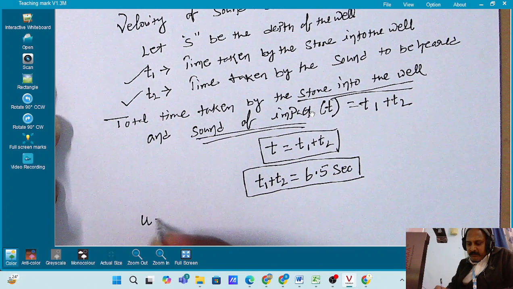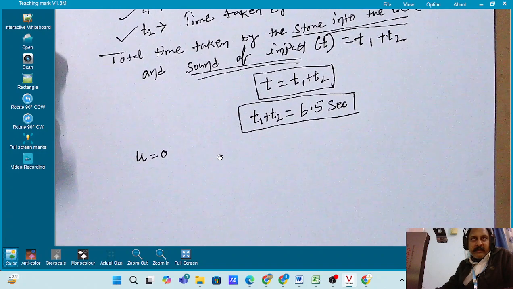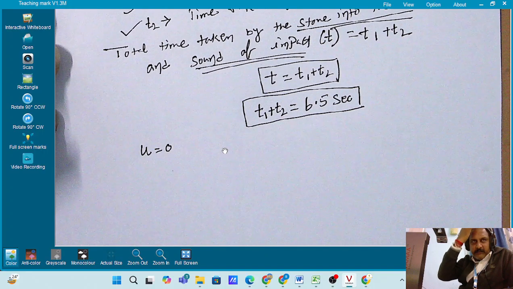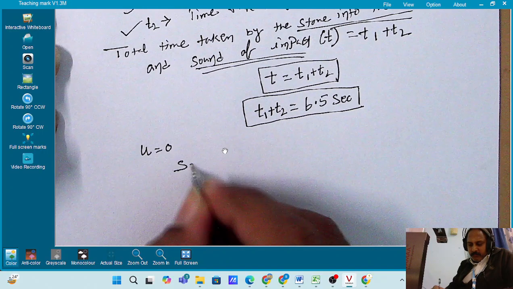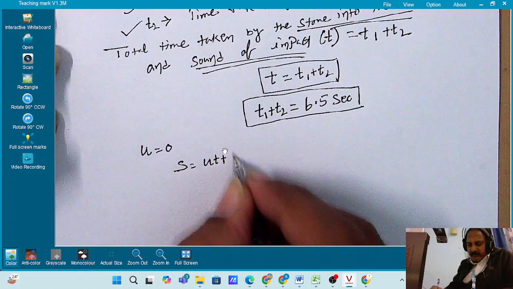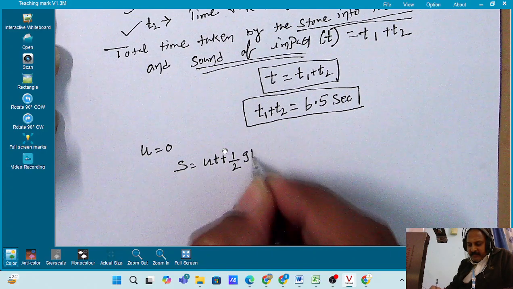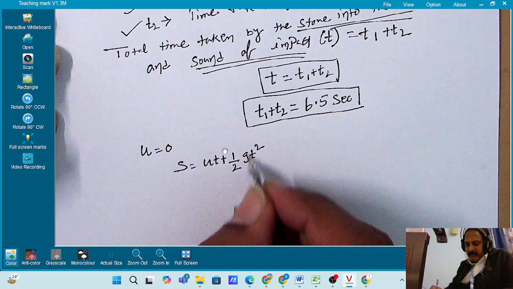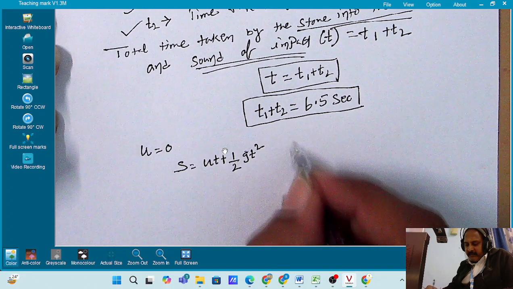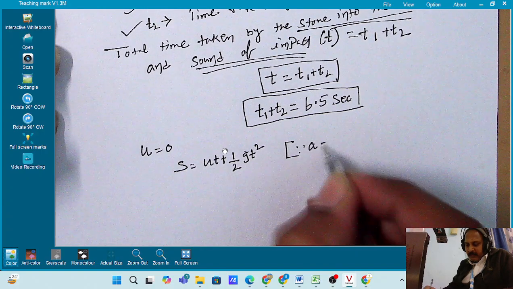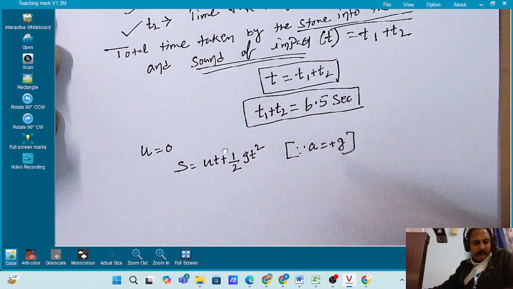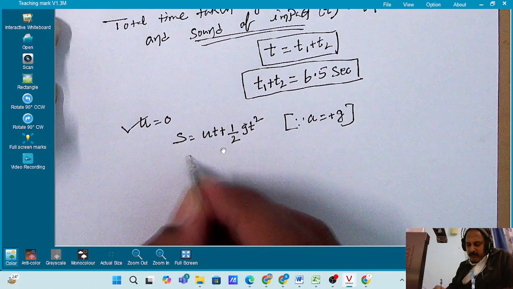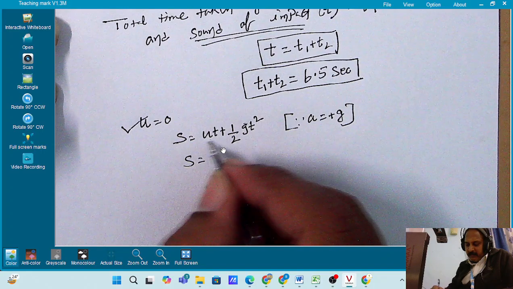Now, what is the initial velocity? Because the stone is simply dropped, the initial velocity is 0 here. And we know the equation S is equal to ut plus half at squared. Instead of a, we are taking g because it is simply dropped, towards gravity, so a is equal to plus g. As the initial velocity is 0, this part becomes 0.